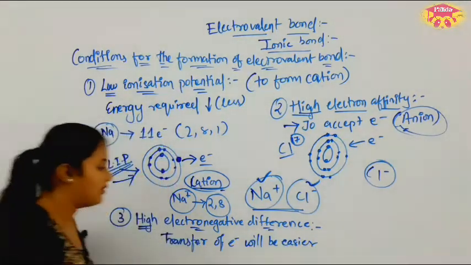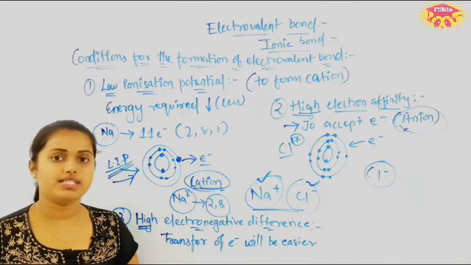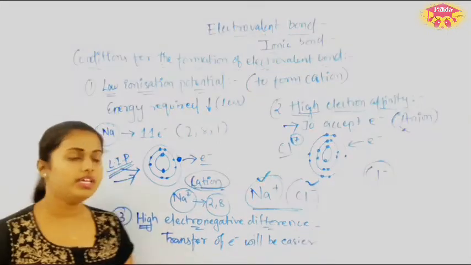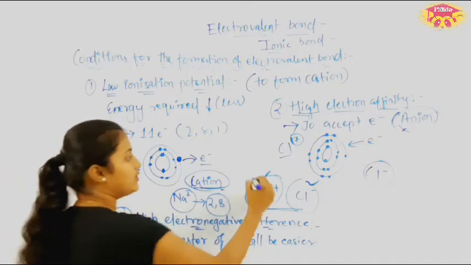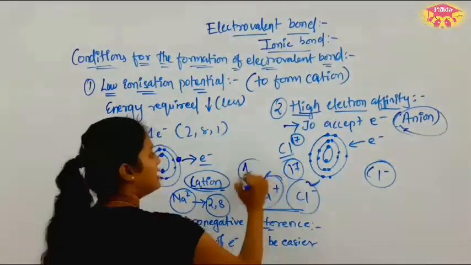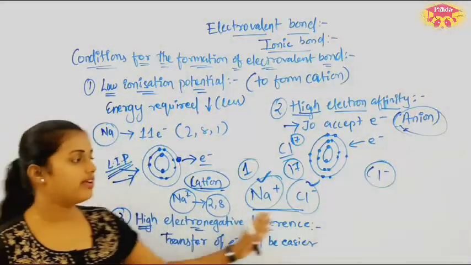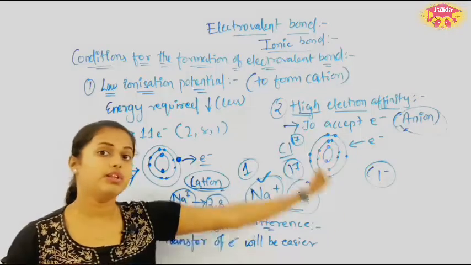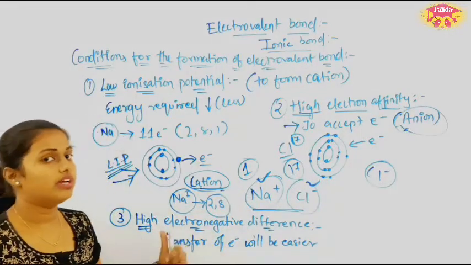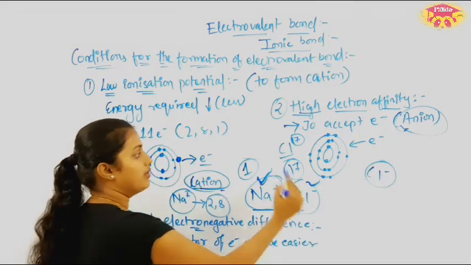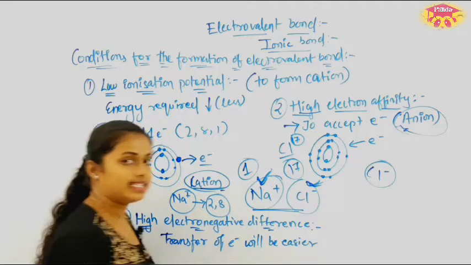For example, the sodium atom belongs to the first group and the chlorine atom belongs to the 17th group. It is a very large difference, students. So a very large electronegativity difference. This atom can donate electrons, whereas this atom can accept electrons.